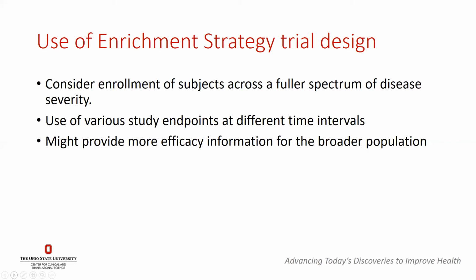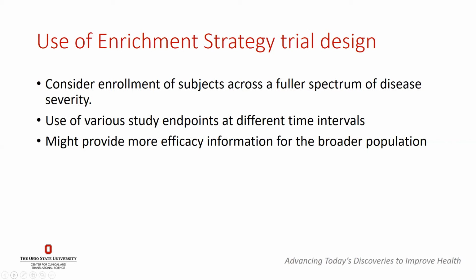This saves time with some of your IRB reviews if all of that is reviewed at the beginning. And it also increases your ability to enroll from a diverse population. And you might provide more efficacy information for broader populations as you design your study.